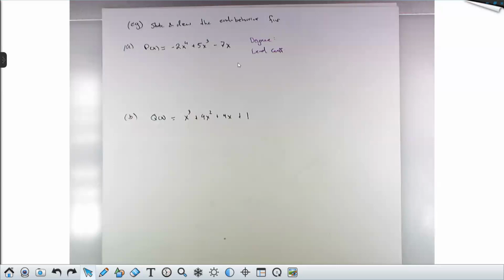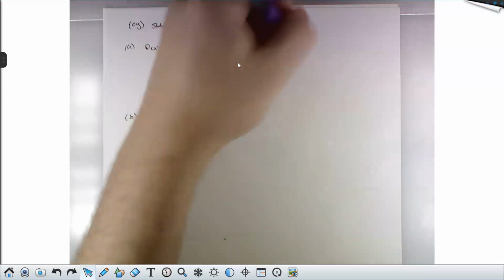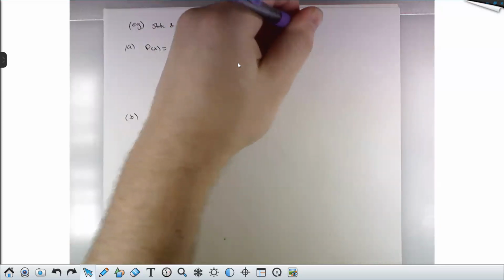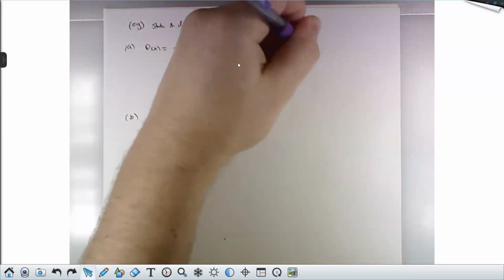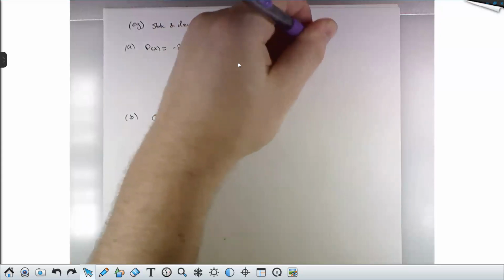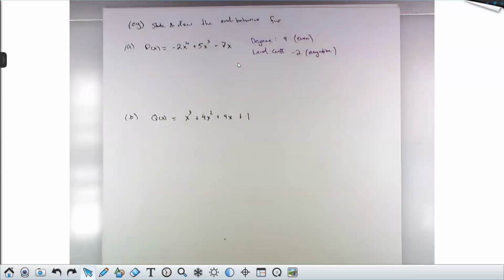Yeah, good, it's 4. And the lead coefficient? Negative 2. Good. So the degree is 4, which is even, and the lead coefficient is negative 2, which is negative.